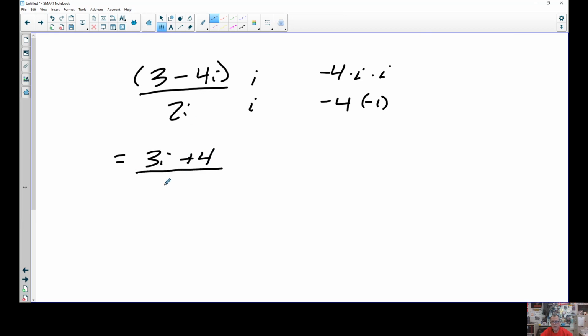And then over here, this is 2i squared. Again, 2i squared is negative 2 for the same reasons as last time, because that's 2 times the negative 1, right? i squared. So now we have, again, 4 plus 3i, writing it in the correct order, over negative 2.